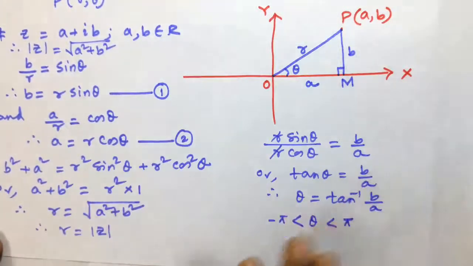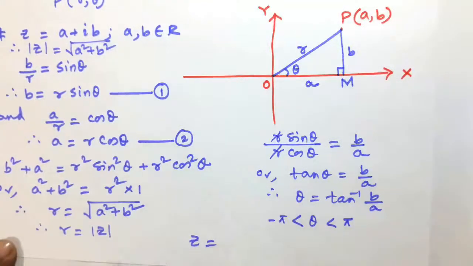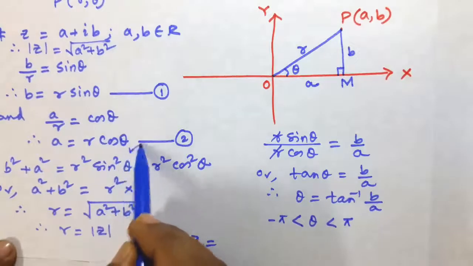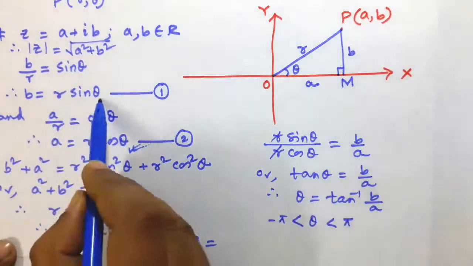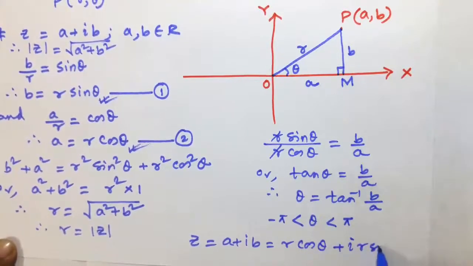Now we sum up this concept. The z is equal to a plus ib. We find that a is equal to r cos theta and b is equal to r sin theta. So z, that means a plus ib, can be written as r cos theta plus ir sin theta.